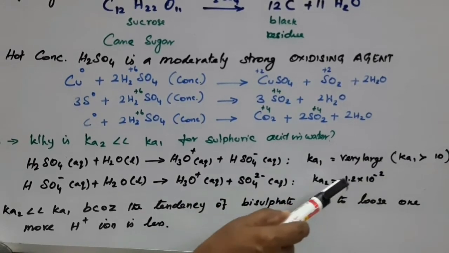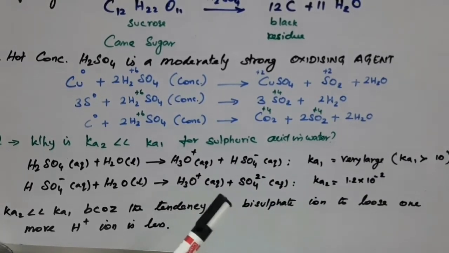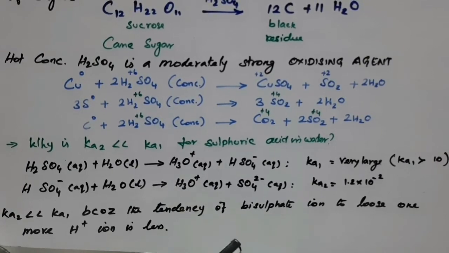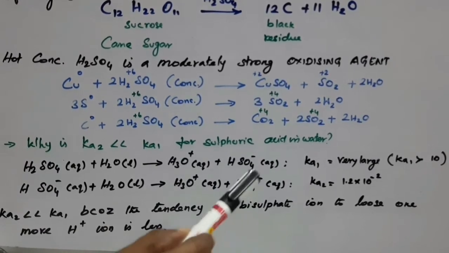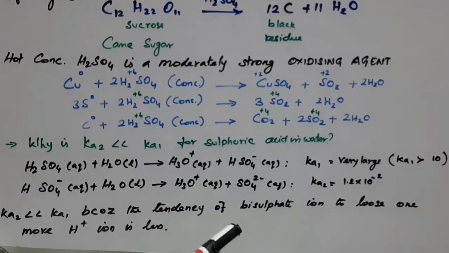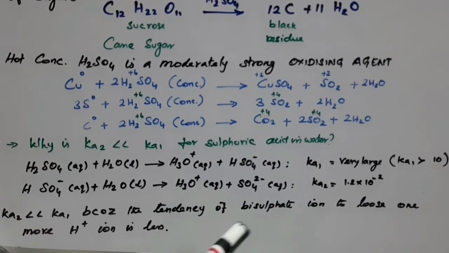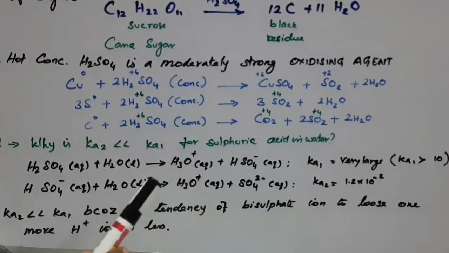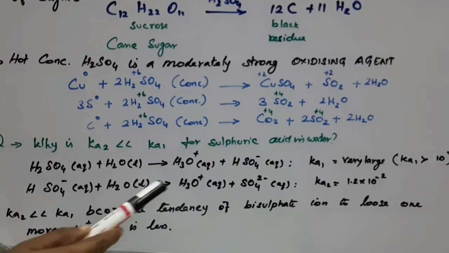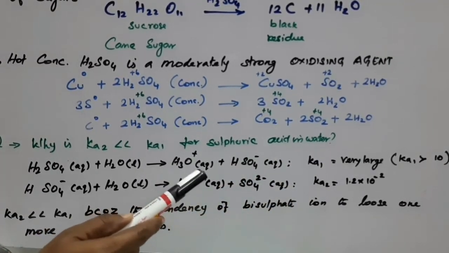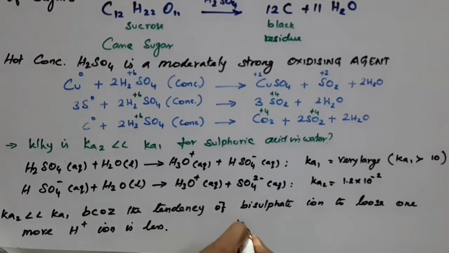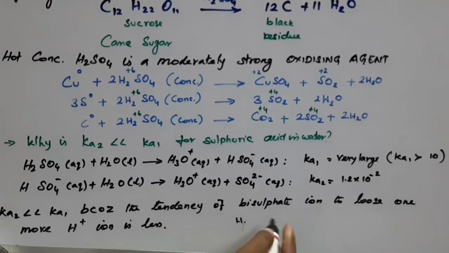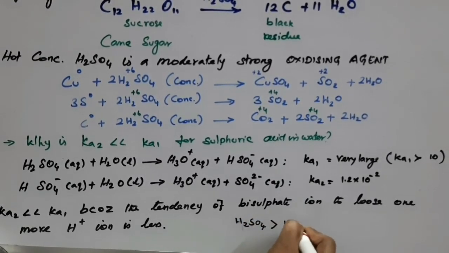Keep it in your mind: the higher the Ka value, the stronger the acid, or the lower the pKa, which is the logarithmic value, the stronger the acid. Here the larger value of Ka1 shows that H2SO4 is largely dissociated, because H2SO4 is greater than HSO4-.